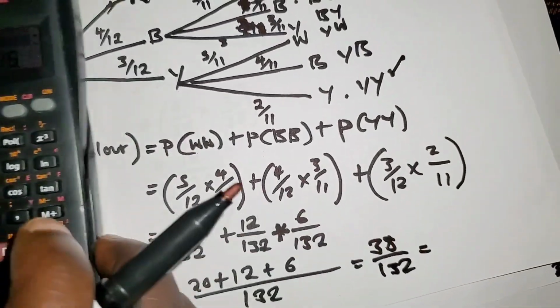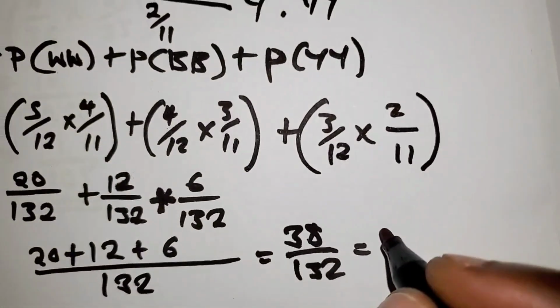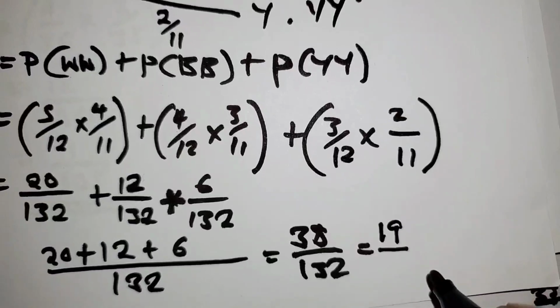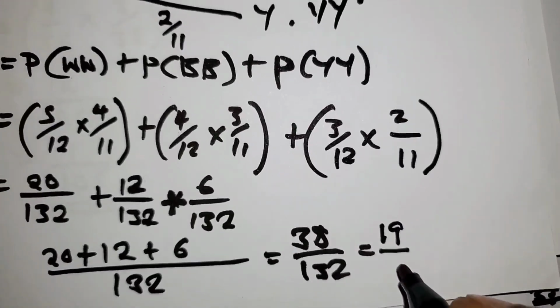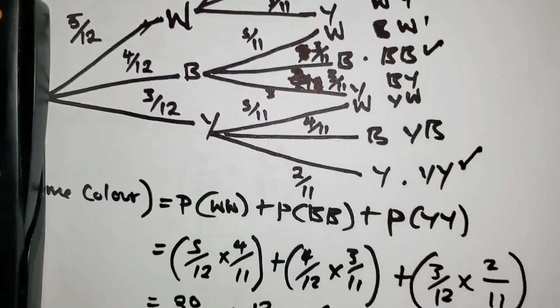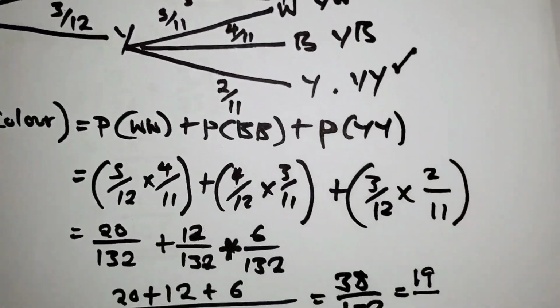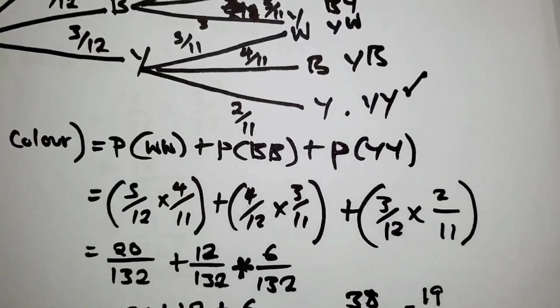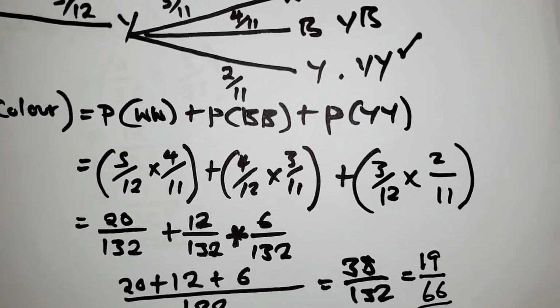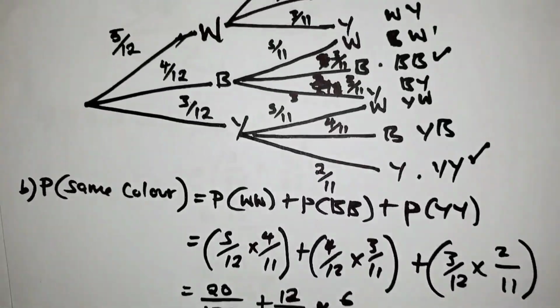So it's 19 over 66. Is it 66 or 69? Yes, it is 66. So that's how this question is solved.